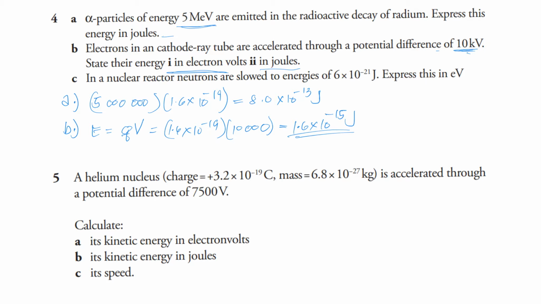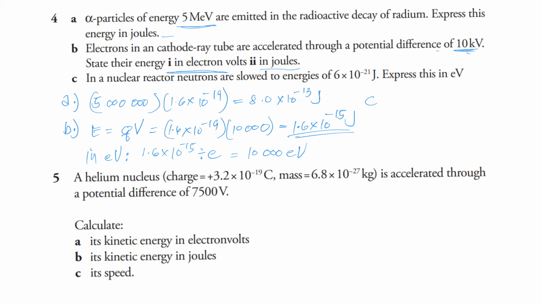In terms of electron volt, we just divide by e, the charge of the electron. Of course, it will go back to 10,000 electron volt.